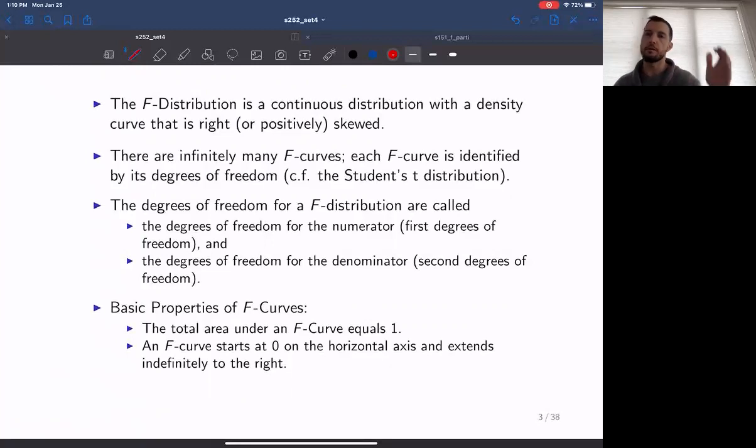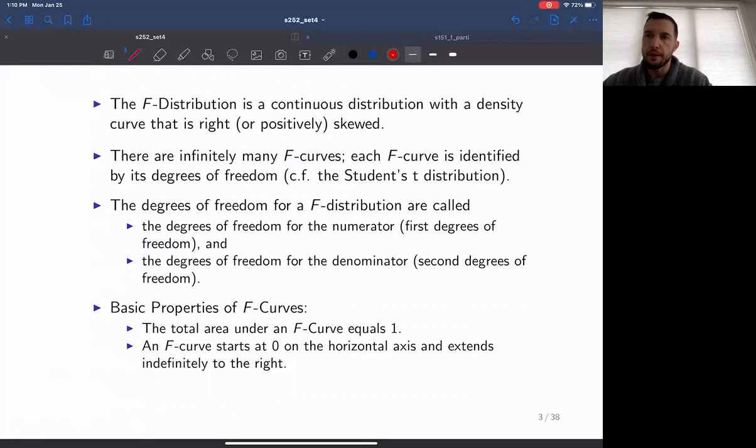As a result, we see a right skewed density curve that starts at 0 and goes all the way up to positive infinity. The parameters, or degrees of freedom, for the F distribution are called the DF numerator, which we sometimes call DF1, and the DF denominator, which we sometimes call DF2.